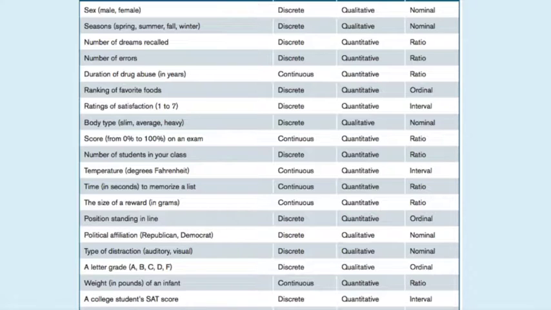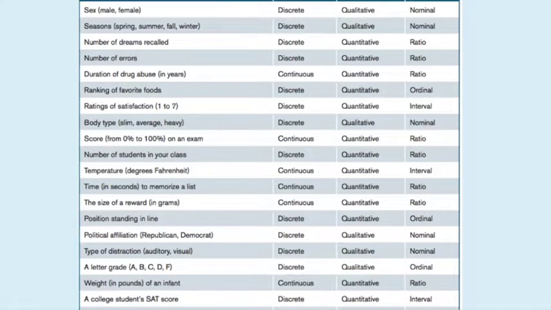Next let's look at number of dreams recalled. So here we have a discrete value. It's quantitative because it's a number, and it's ratio because there is that 0 point. 0 would be they never recalled a dream, whereas 10 would be they recalled 10. Ranking of favorite foods is another good example where we have a discrete value.